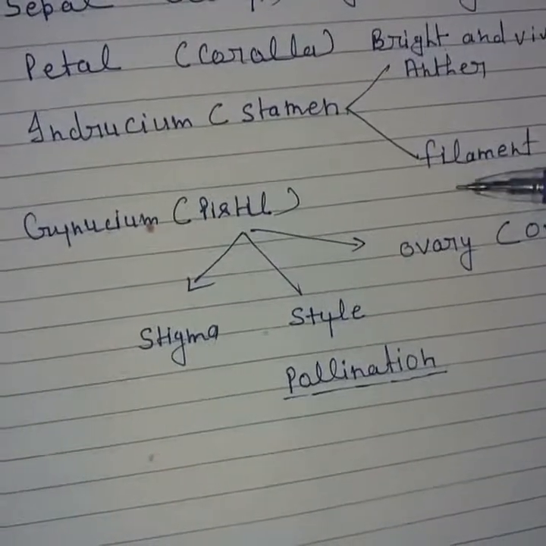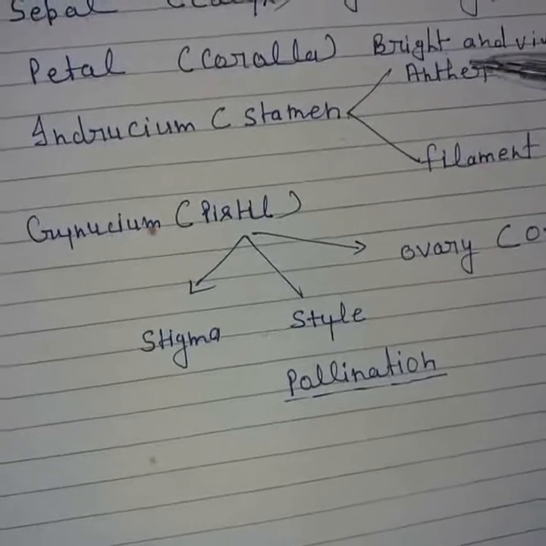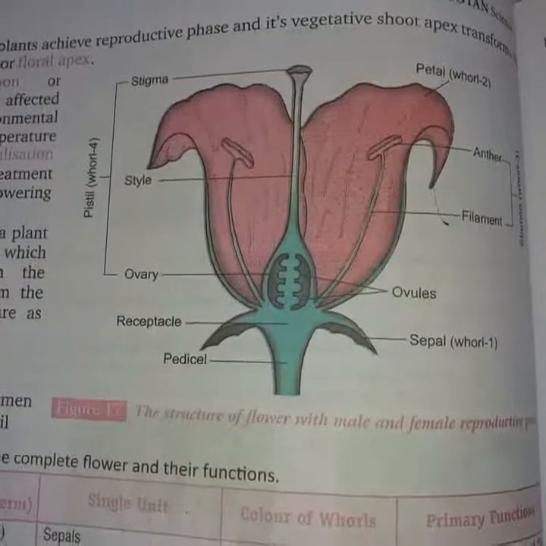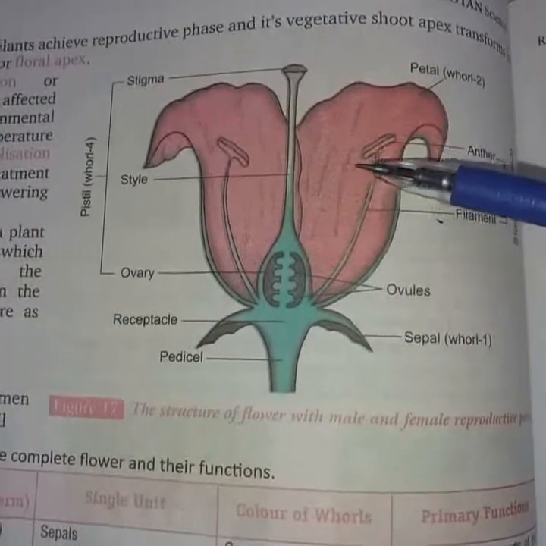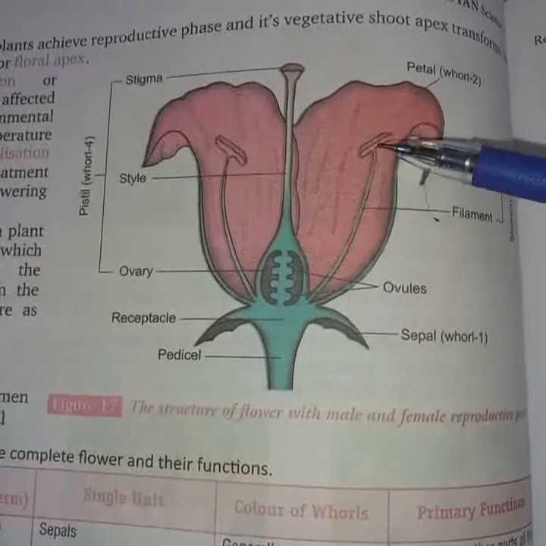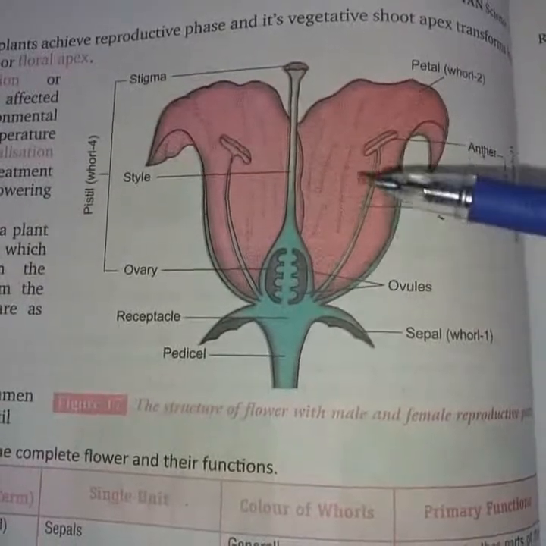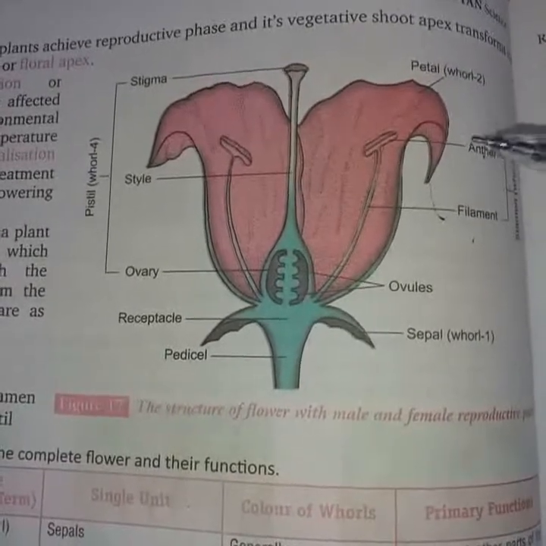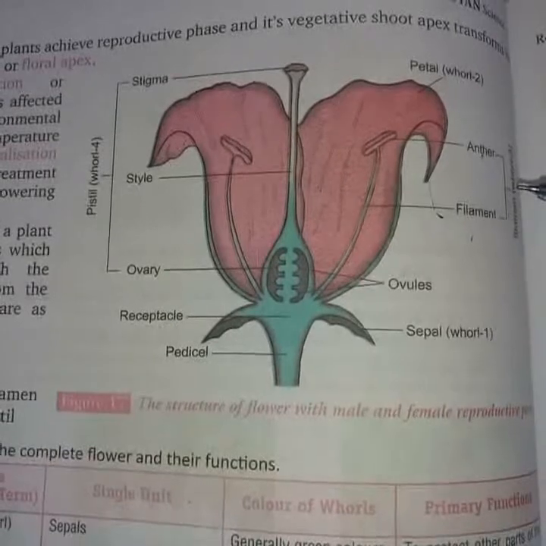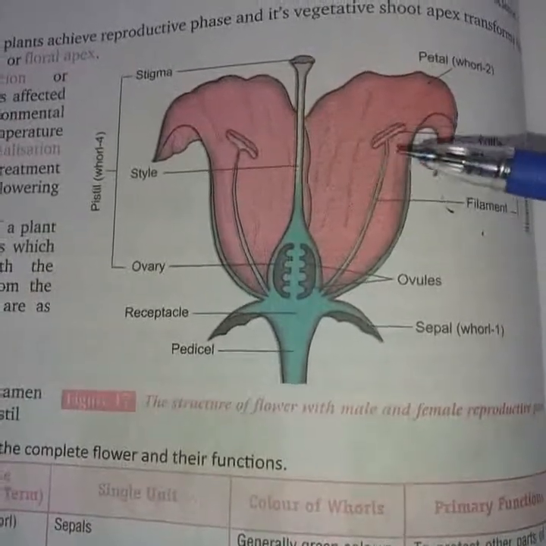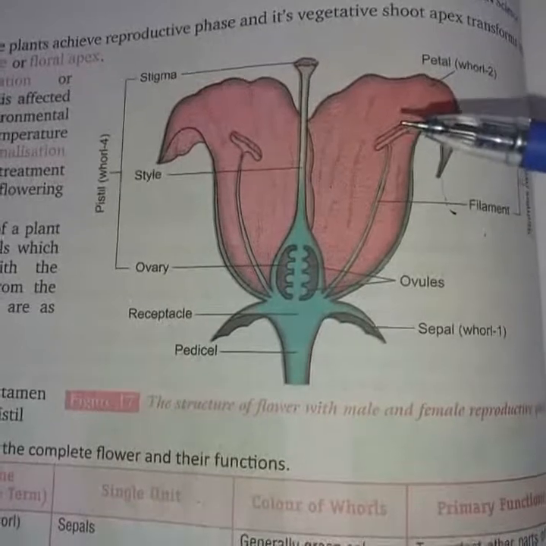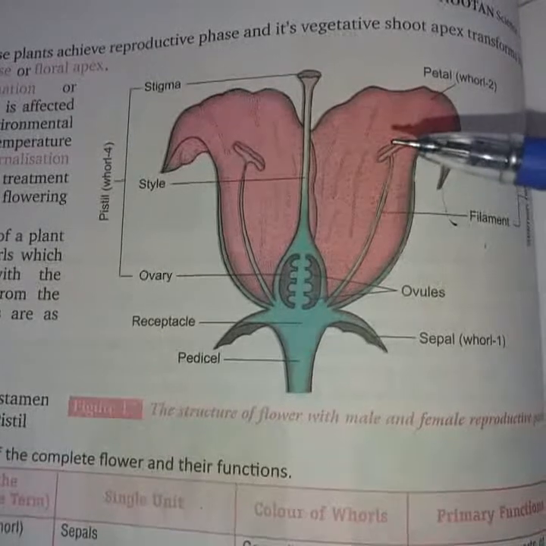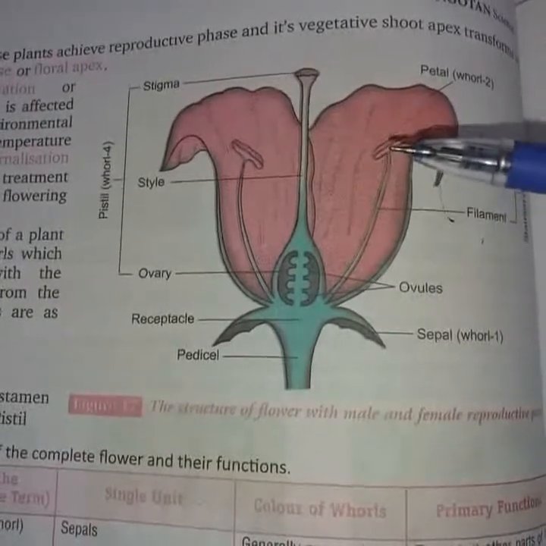It is a thread-like structure attached to the anther. So this bag-like structure is the anther and the thread-like structure is the filament. The whole part is called stamen or androecium. These parts have many pollen grains, which are the male reproductive gametes or units of the flower.